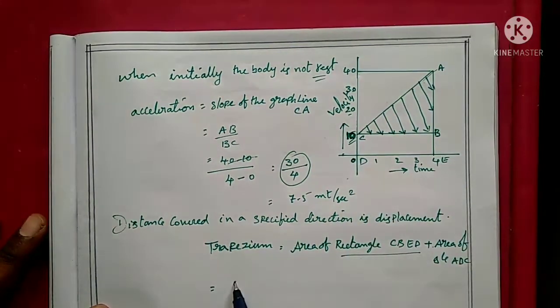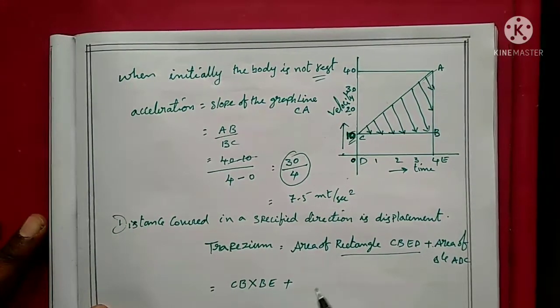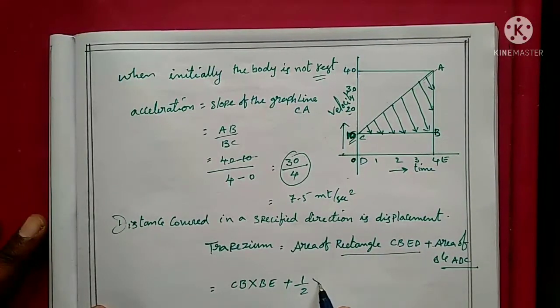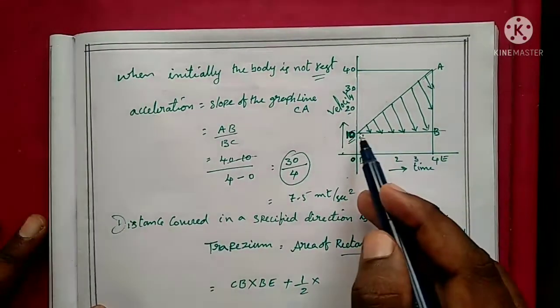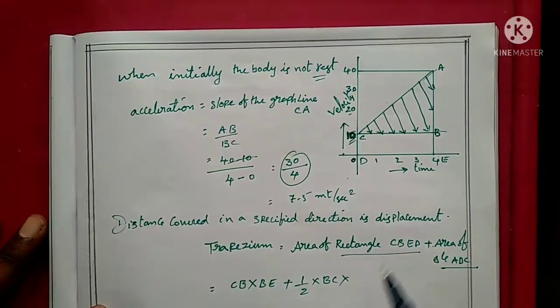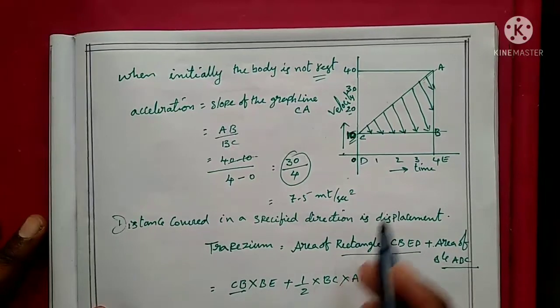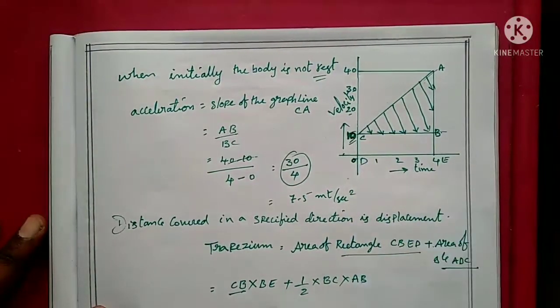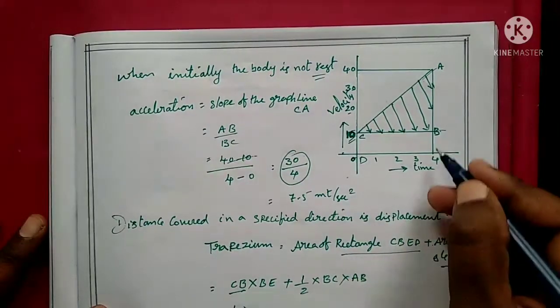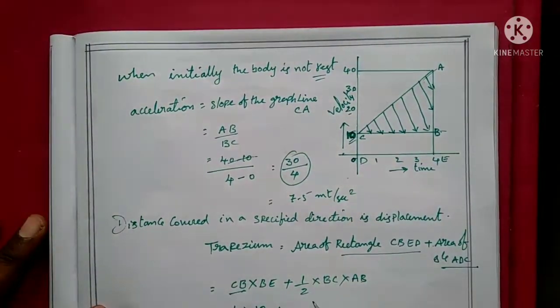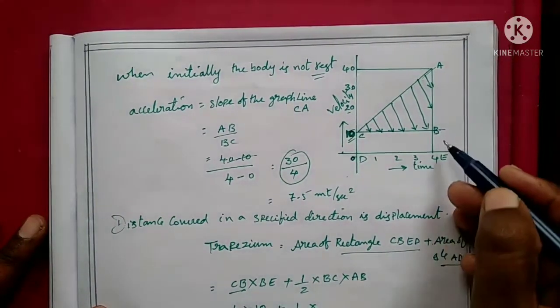Length CB and breadth BE, plus area of triangle ABC, half into base into height, BC into height AB. So CB equal to how much? It is 0 to 4. BE is 10 minus 0, that is 10, into BC.